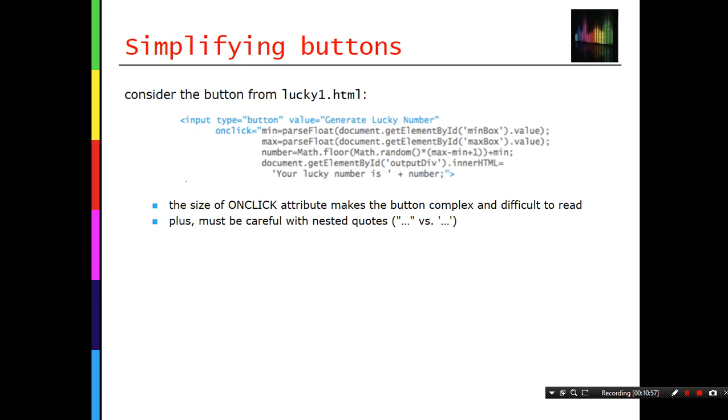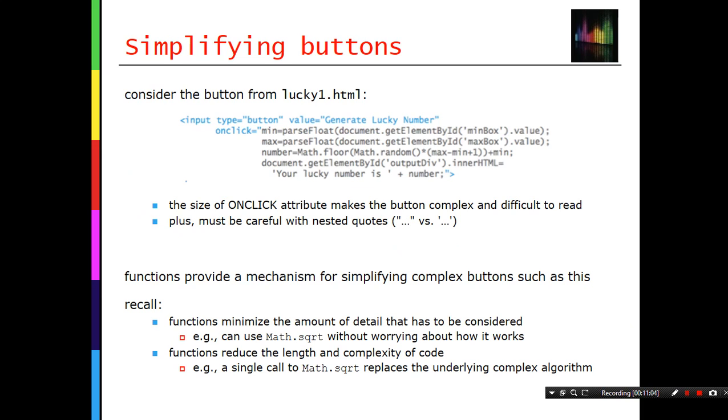All right, so functions provide a nice mechanism for simplifying some types of complex buttons. Like, for example, this is a big bunch of code. We say min equals parse float, max equals parse float, number equals math.floor, document.get element by id dot inner HTML equals. That's a whole bunch of stuff.